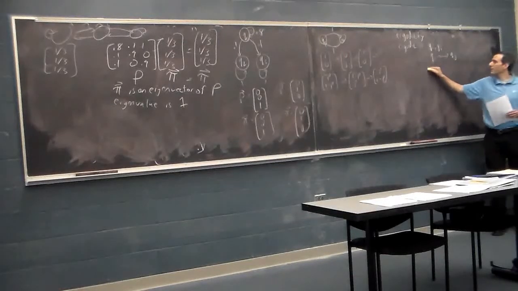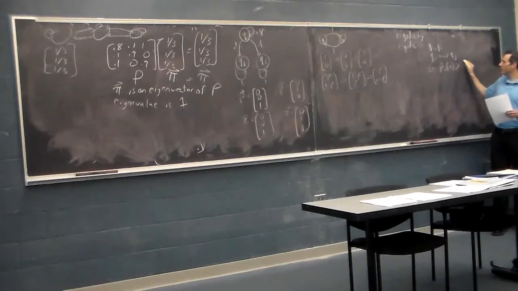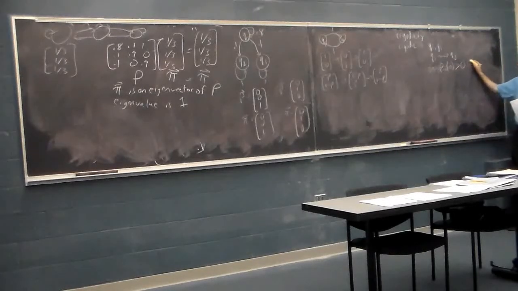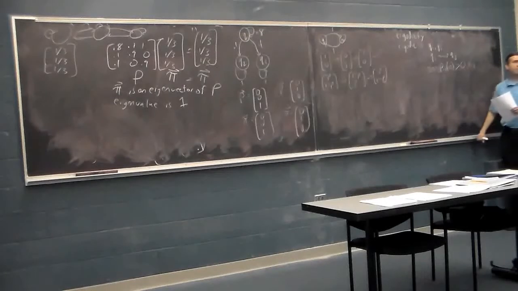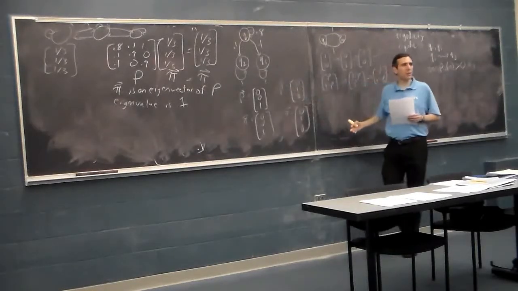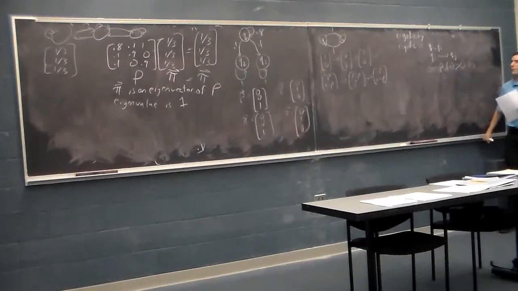So we could say equivalently, there exists some n greater than 0 such that P_ij of n is strictly greater than 0, and that would be true for any i, j. So a Markov model that has this property is said to be ergodic. This is not an ergodic Markov model, so that one is going to fail this test, and that would explain why it doesn't have a unique stationary vector.